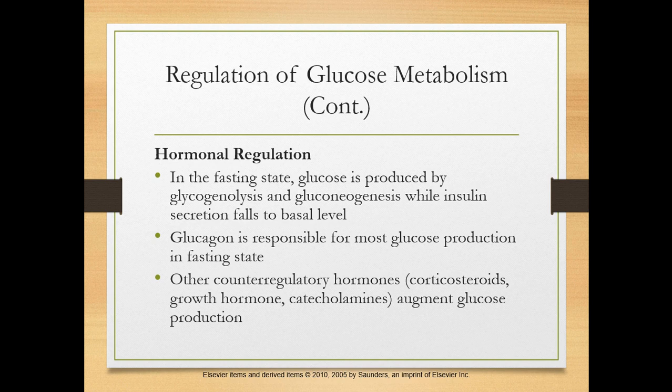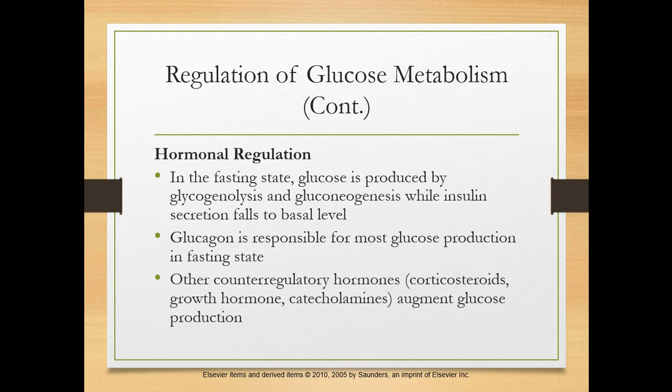However, we don't want to go obviously over that level. But in the situation of fasting, glucose will be produced by glycogenolysis, where it can actually be split from glycogen, or gluconeogenesis, where it's actually made from a combination of what's happening with the liver and fat cells.